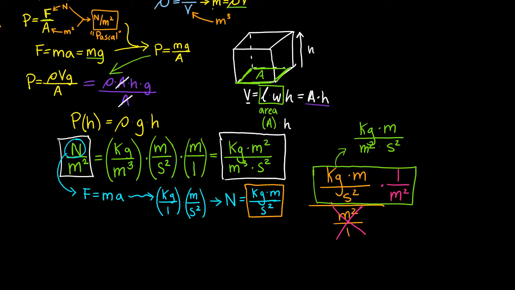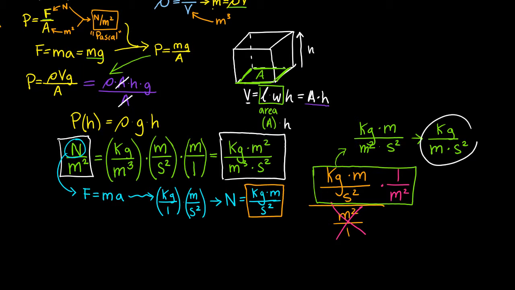There is one dimension of a meter on the top, and there are two dimensions of a meter on the bottom. One will cancel out, giving us our final units of kilograms per meters times seconds squared.